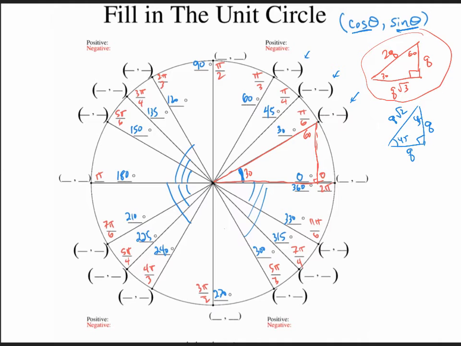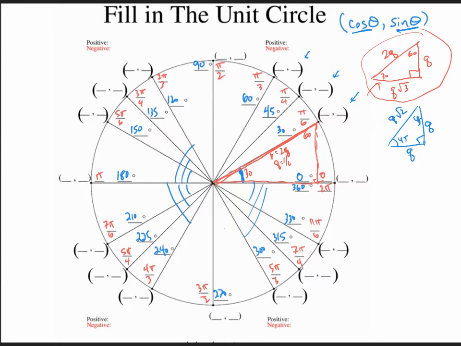Now, this is a unit circle, right? Which means the radius of the circle is 1. So if we look at this triangle that we've drawn and the triangles whose relationship we have up here, that means that 1 is 2Q. And that Q then is 1/2 for this triangle.